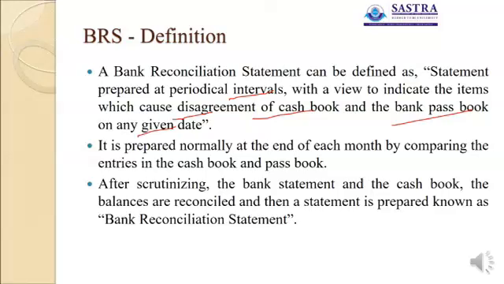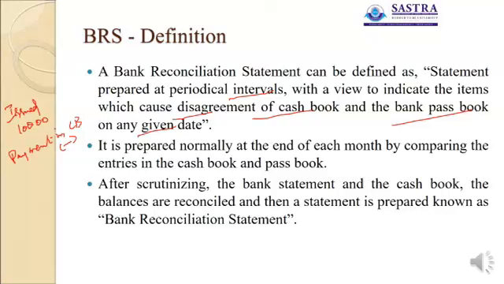Suppose you issued a check worth 10,000, and you have entered it as a payment in the cash book. That decreases the cash book balance. Whereas the check issued is not presented for payment, so it keeps your bank account balance higher.